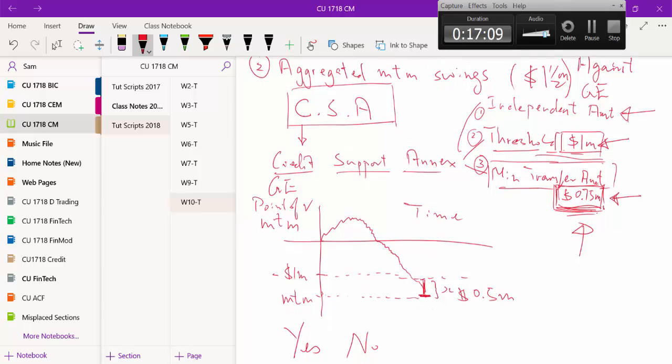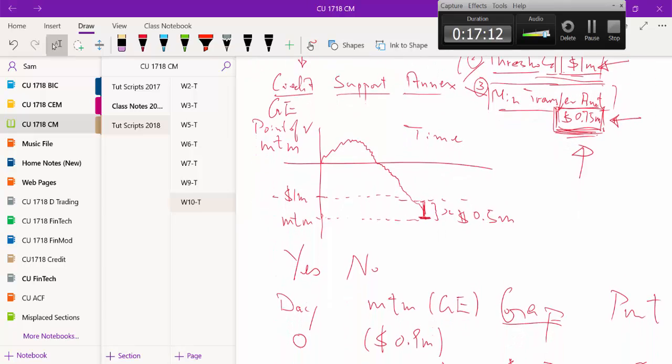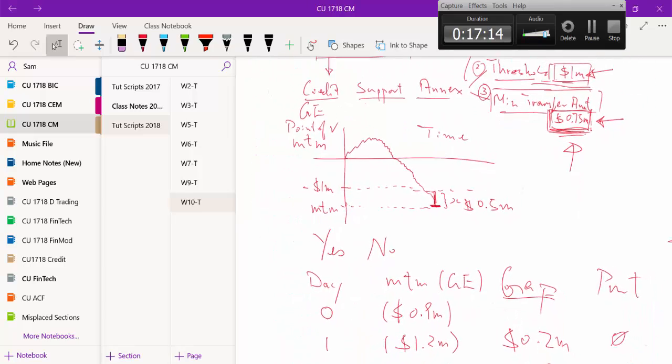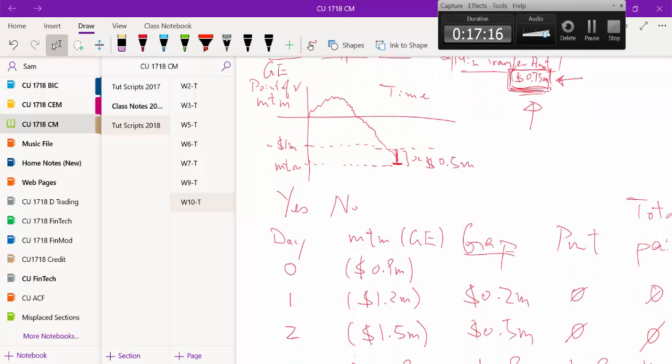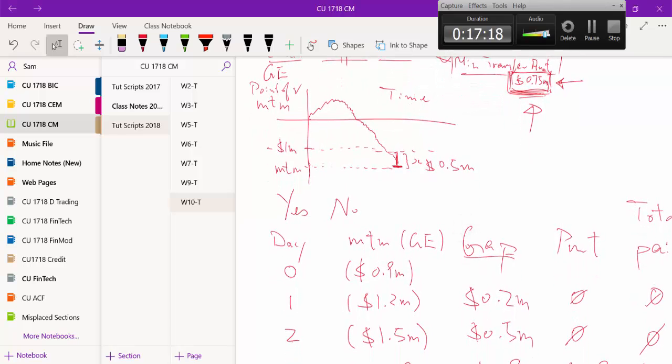Now I look at all the transactions that these 2 parties have, and I add them all up. I add up all the mark-to-markets and say it looks like this.